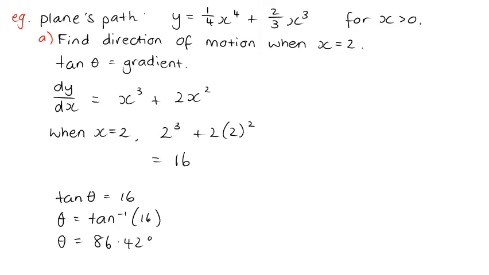Okay, question B. So we're using the same plane's path as before, but find a point on the plane's path that is inclined at 45 degrees to the positive side of the x-axis.